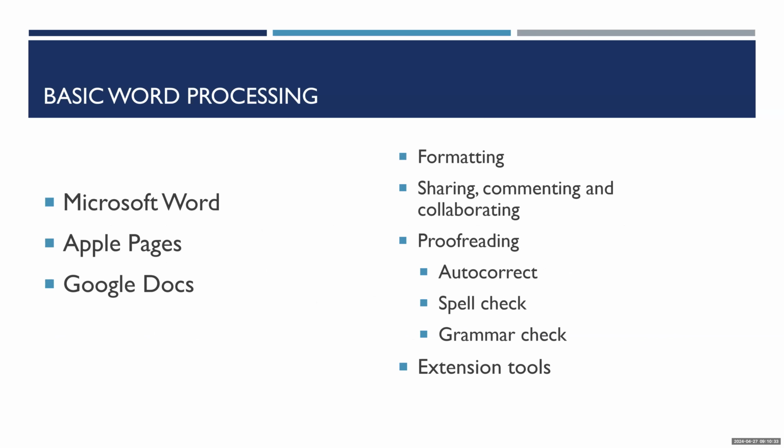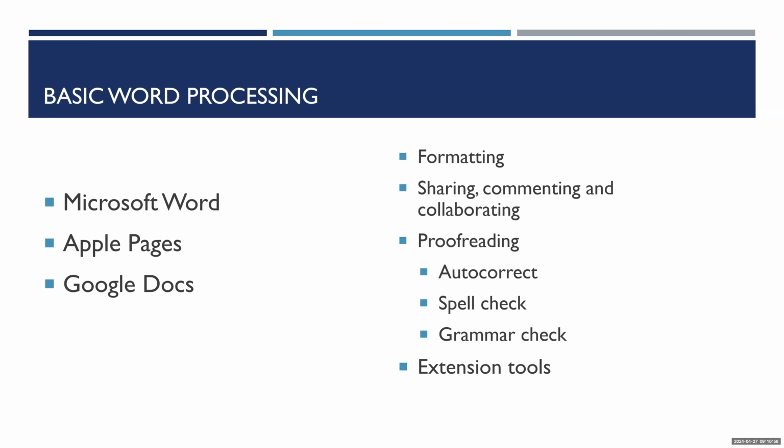So with basic word processing, so typing documents, commonly you're going to be familiar with Microsoft Word, Apple Pages, or Google Docs. The primary functions for these word processing features is that they give you an opportunity for formatting, sharing and collaborating, commenting. They offer proofreading services such as autocorrect, spell check, and grammar check.